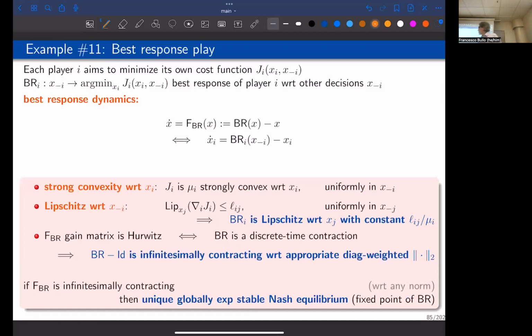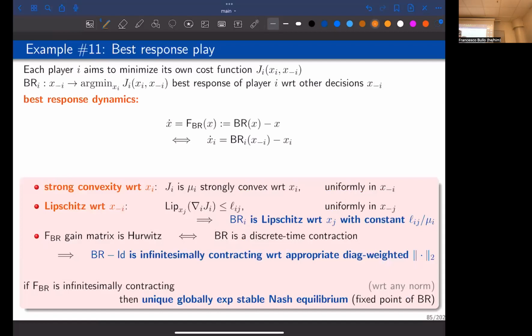Well, I thought we saw that yesterday. Again, it's the same result. We saw that this fixed point is a Lipschitz function with Lipschitz constant L over C. And the problem here is, what is the Lipschitz constant of the best response, which is the optimal solution with respect to x_i as a function of x minus i?